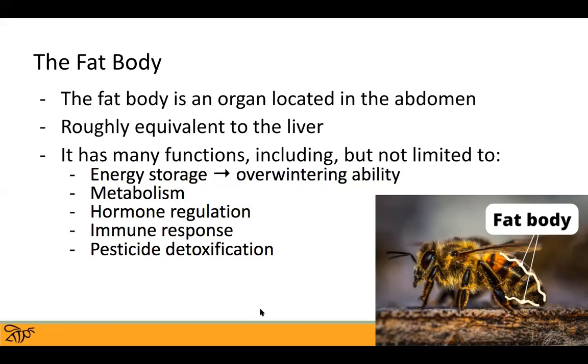It's really important for hormone regulation, which is, of course, very essential to a whole bunch of different processes that take place in the bee's body. And really importantly, it is critical for the bee's immune response. It can really weaken their immune response and make them more susceptible to other issues. And kind of related to that, it's really important for pesticide detoxification. And again, we'll talk about that a little bit more.